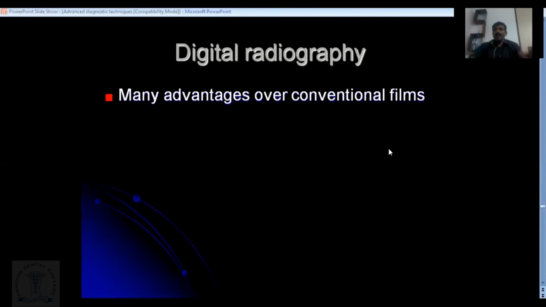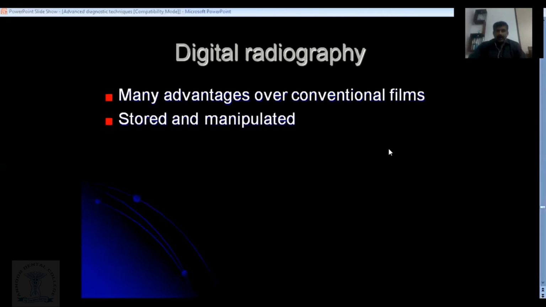And this sensor converts it into an image and shows it on your screen, whether it is a mobile screen or a computer screen. That same technology is used now. You place a sensor and then you pass radiation. The sensor automatically converts that image into a grayscale image, and you can view it on a computer.